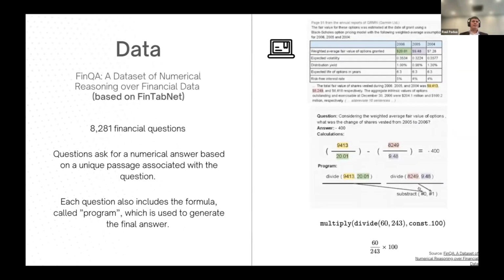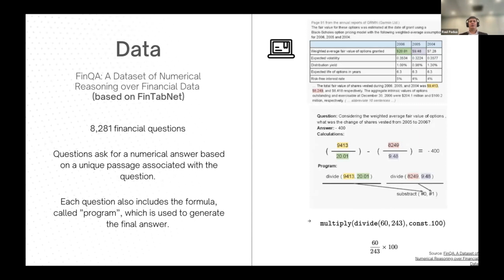So the dataset consisted of a little bit more than 8K financial questions with answers. It was labeled in two ways. First, pointing out here with the mouse, with a program, right? There was a question that asked for a numerical answer, and as the first label we had the program, what the model should actually conduct.